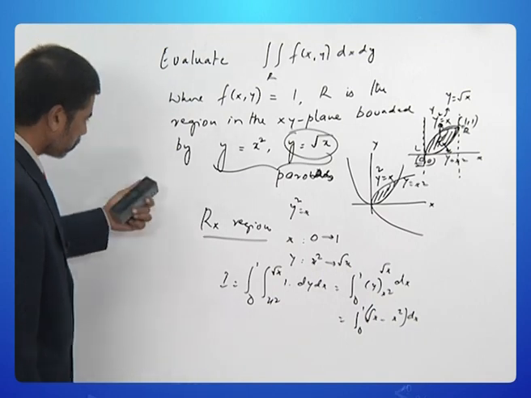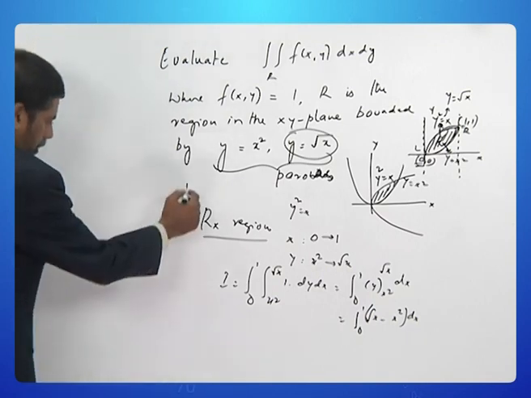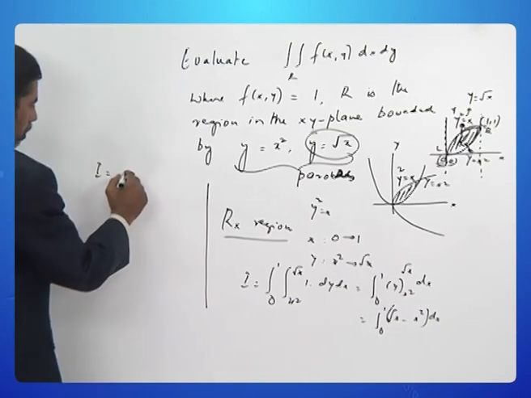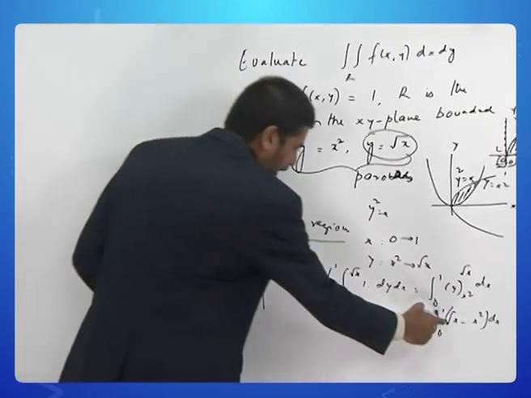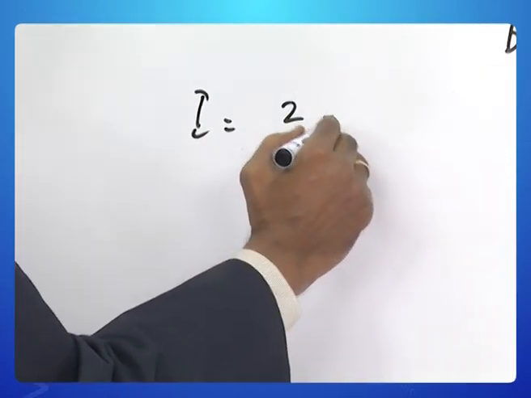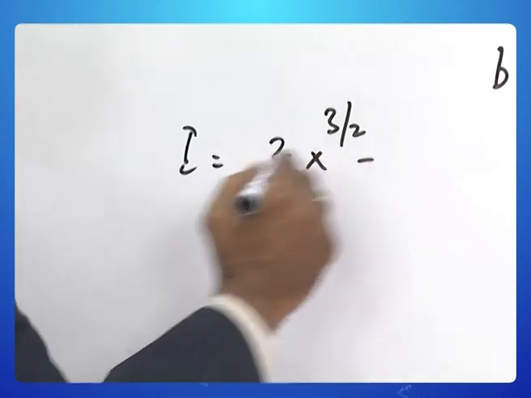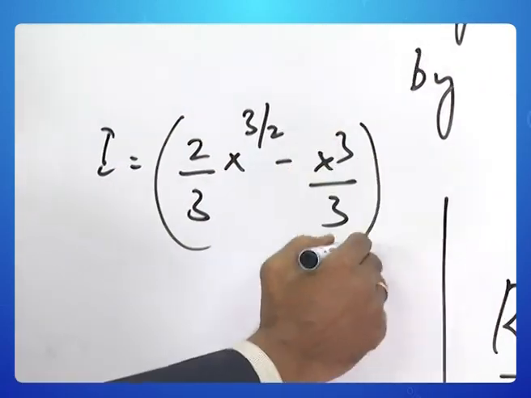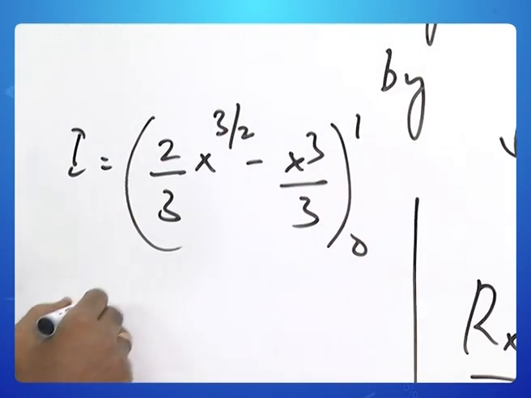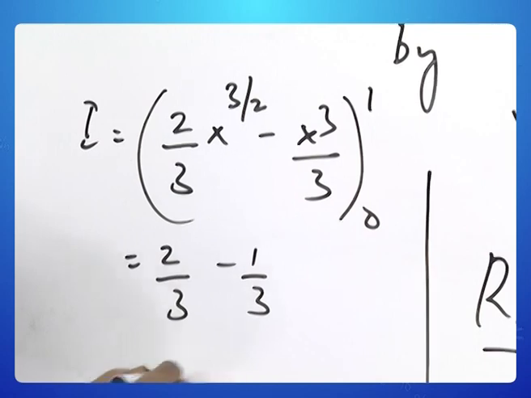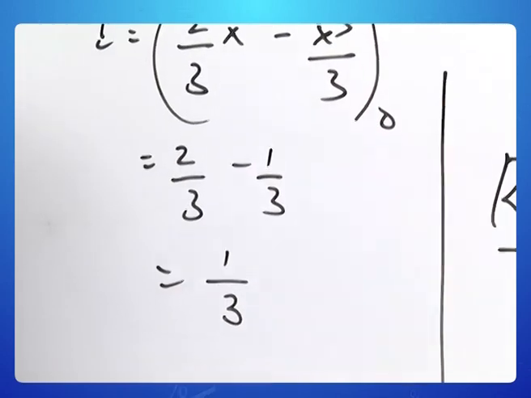So let me show you the calculation here. I is equal to integral of square root of x minus x square. When you integrate, you get 2 by 3 x to the power of 3 by 2 minus x cube by 3 from 0 to 1. So this will be 2 by 3 minus 1 by 3. So the value of the integral is 1 by 3.